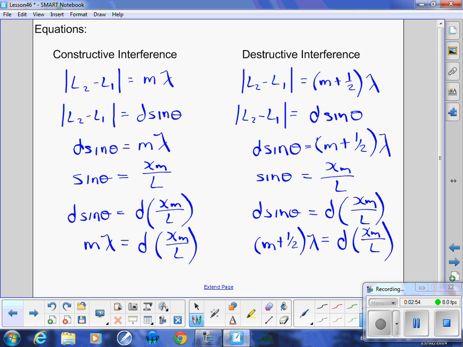It's just that in destructive interference we have m plus 1/2 instead of just an m. All right, put them out of phase.